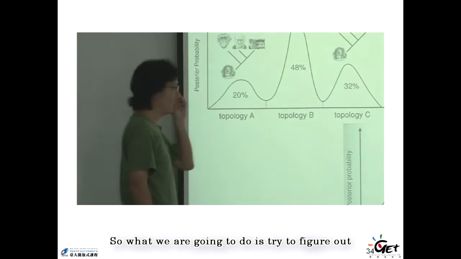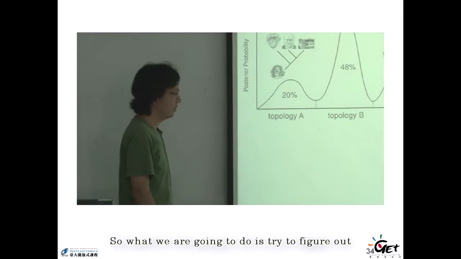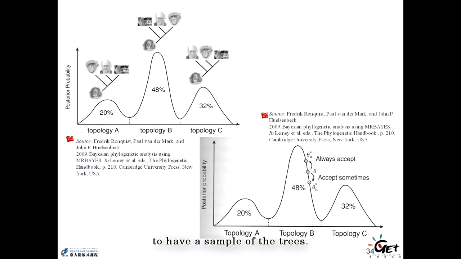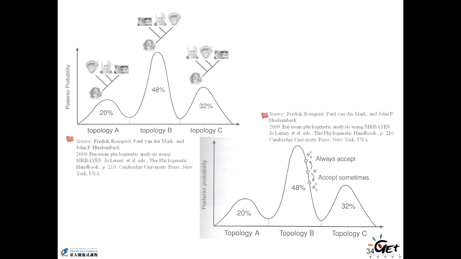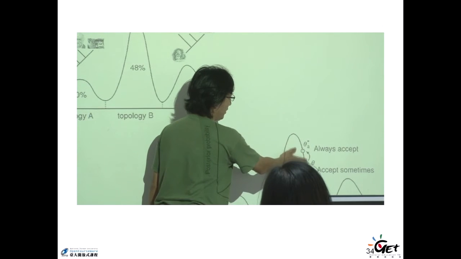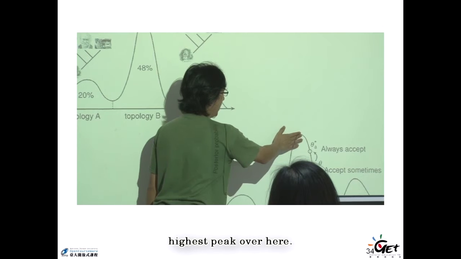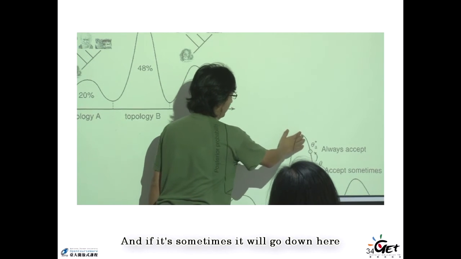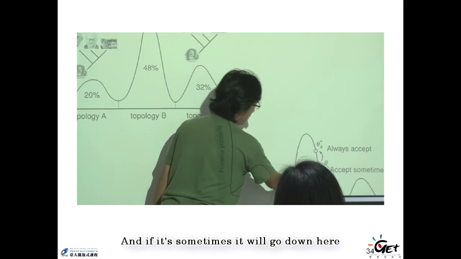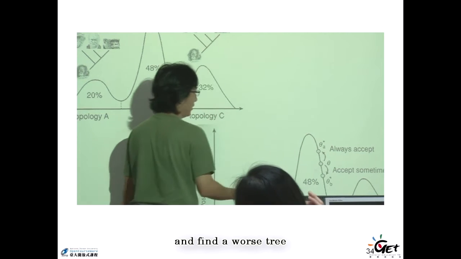What we are going to do is try to get a sample of the trees, and for each sampled tree there are assumptions to reject or accept it in a particular case. If it's accepted, it's going to climb up to a particular highest peak over here. Sometimes it will go down here and find a worse tree.